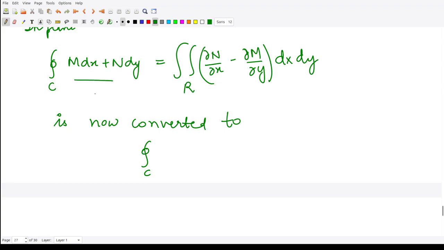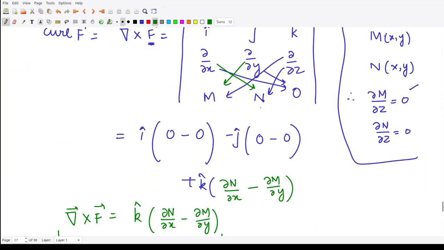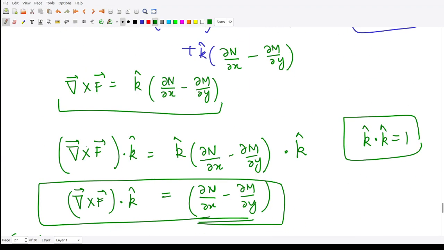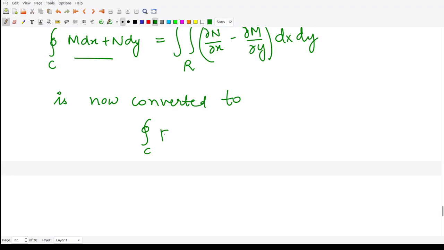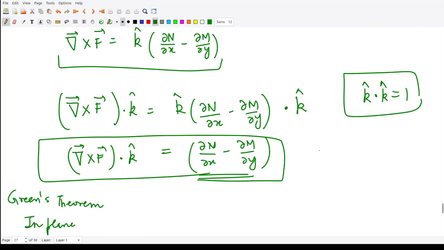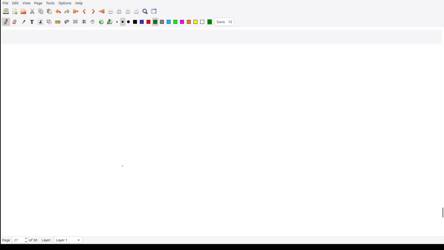Now the value of m dx plus n dy that we obtained in equation number 1 is f dot dr. So we write it like here: f vector dot dr vector. This is equal to the double integral over R. Now the value of del n by del x minus del m by del y we obtained in equation number 2 as del cross f dot k cap.